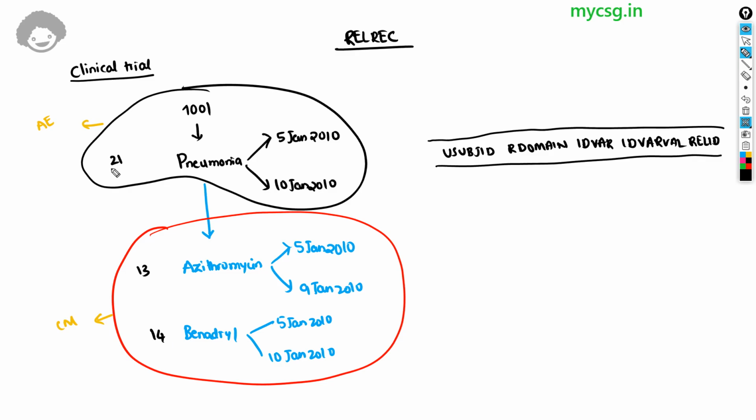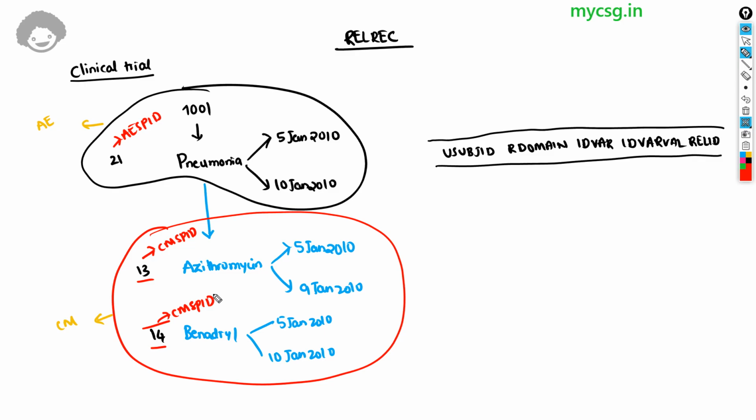So, the adverse event which is reported on line number 21 in the adverse events form is linked to records 13 and 14 of the concomitant medications form. Let's say this information is stored in a variable called AESPID in the SDTM dataset, and the line numbers 13 and 14 are stored in a variable called CMSPID in concomitant medications.